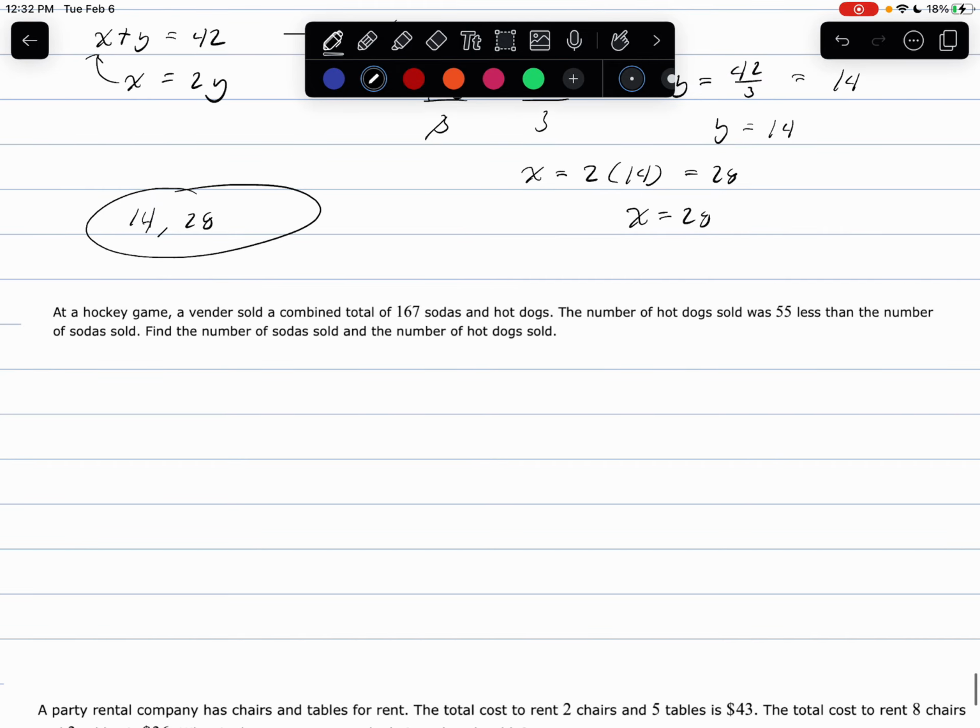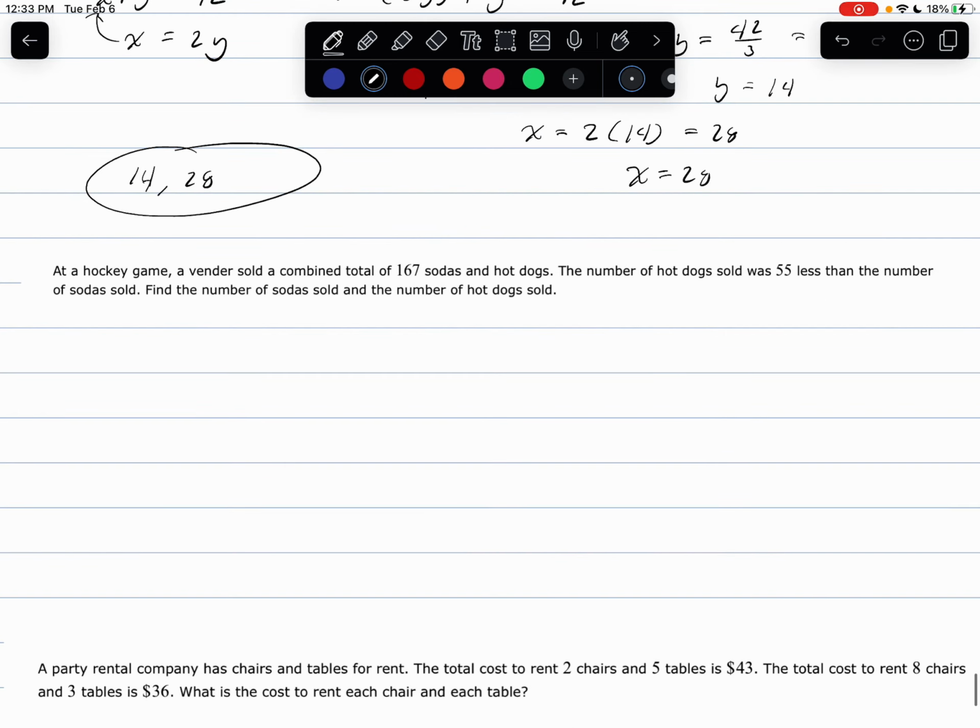Here it says, at a hockey game, a vendor sold a combined total of 167 sodas and hot dogs. The number of hot dogs sold was 55 less than the number of sodas sold. Find the number of sodas sold and the number of hot dogs sold. We have both hot dogs, which we're going to say is H, and sodas, which is S. If they have a combined total of 167, we could have S plus H is equal to 167.